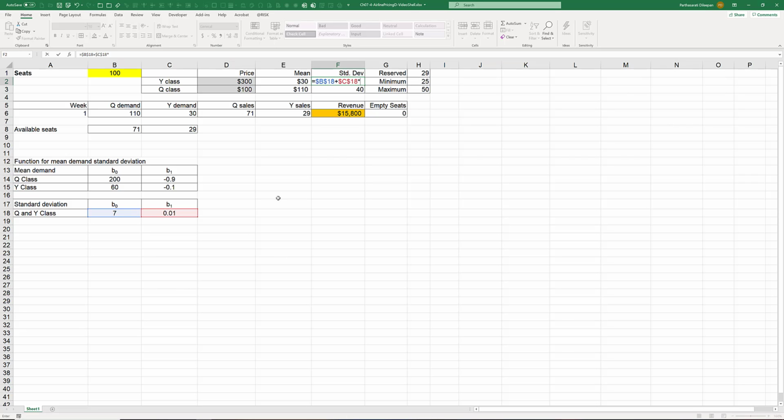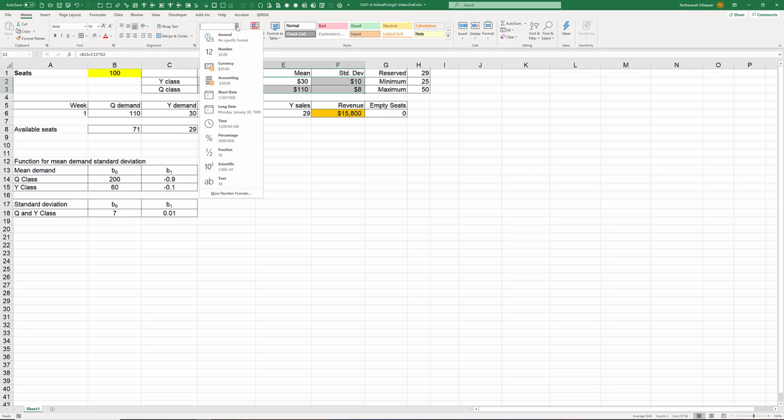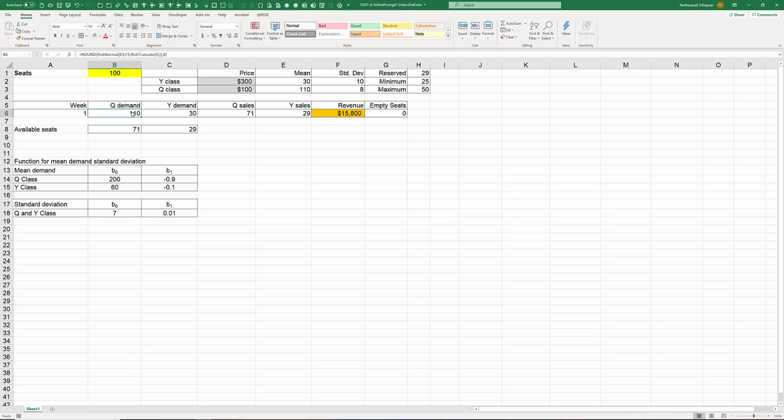F4 again multiplied by the price, and we copy that. All right, so these are demand, so I don't want currency. We'll just use numbers with decimal places. Those will be the means based on which the demand will be simulated.